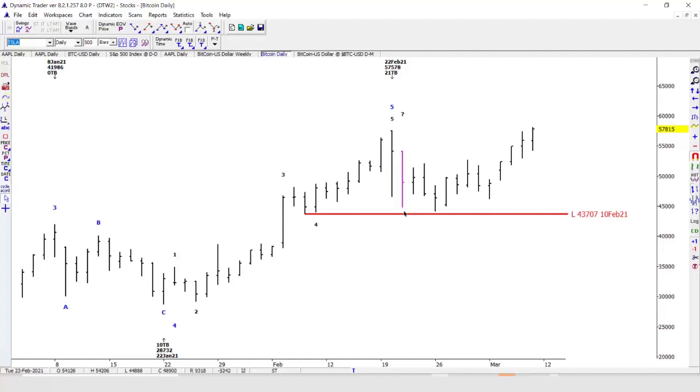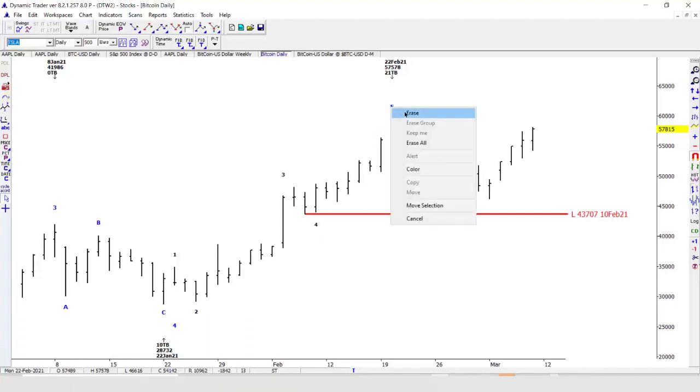And it certainly looks like this was a little ABC correction, and now we're doing another impulsive trend to a new high. So in this situation, what has probably occurred? This is a beautiful 5-wave advance, but the market's made a new high. So what should this be? It's probably just a wave 1 of 5.